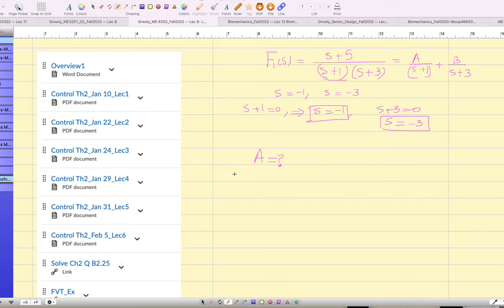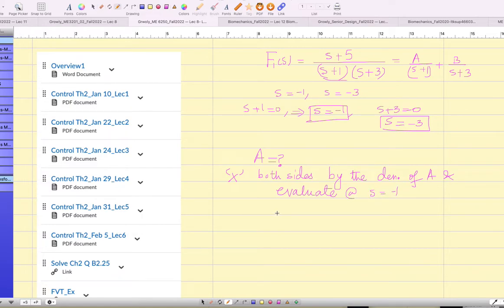So you will multiply both sides by the denominator of A, and evaluate at s equals -1.